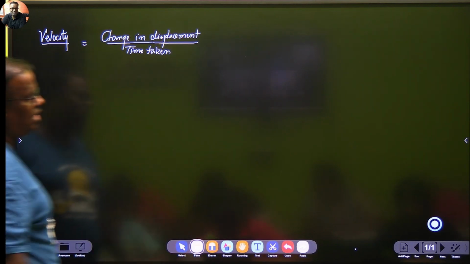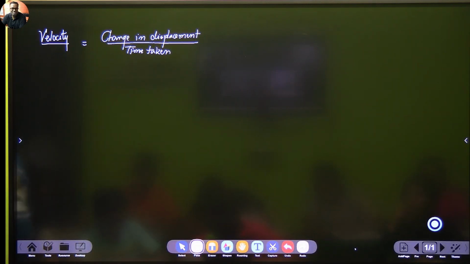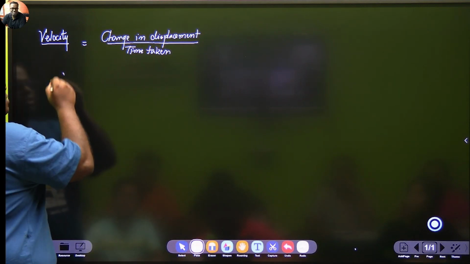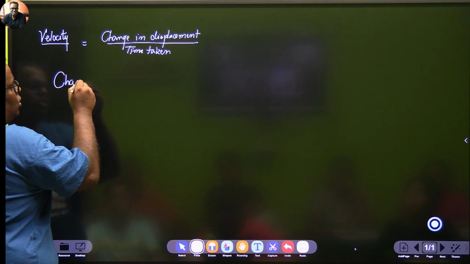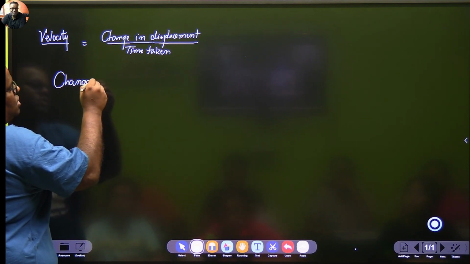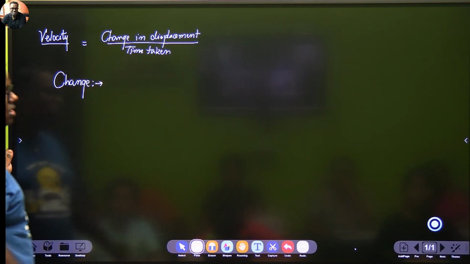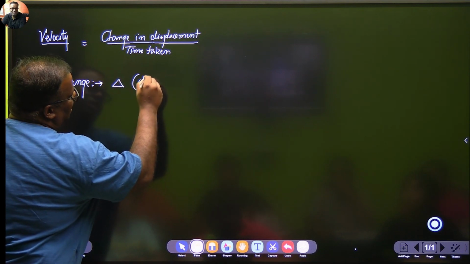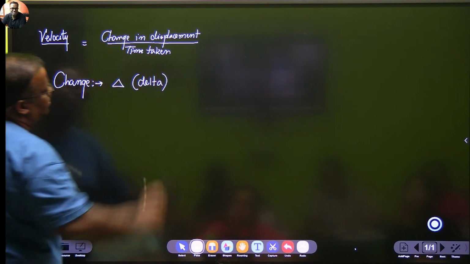Now try to understand. Some things will be new for you now. Change in displacement, change. Whenever we talk in physics about any quantity called change, or later on in economics as you study change, change is denoted by a Greek letter which is called triangle, and this stands for delta. Delta.